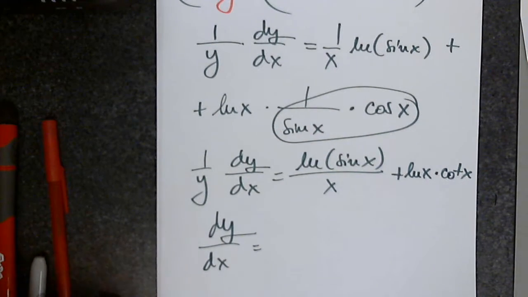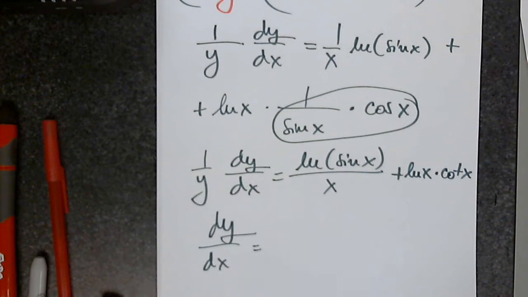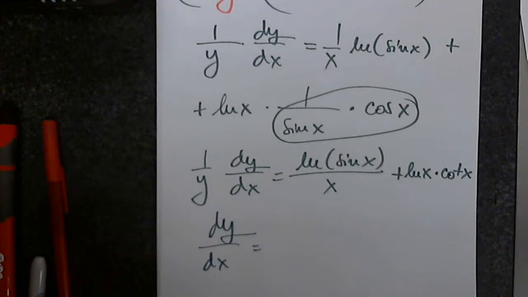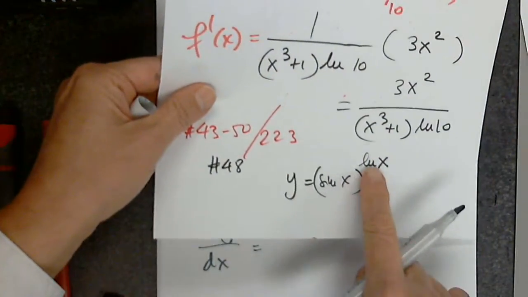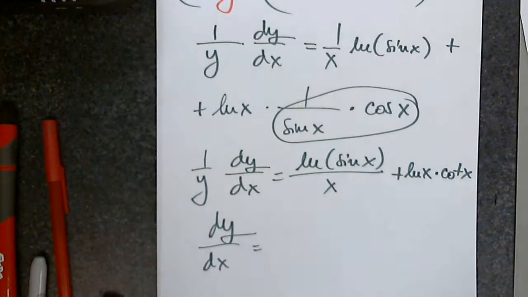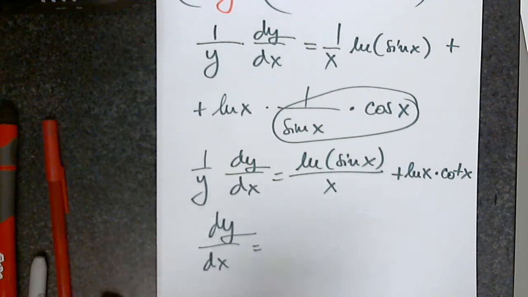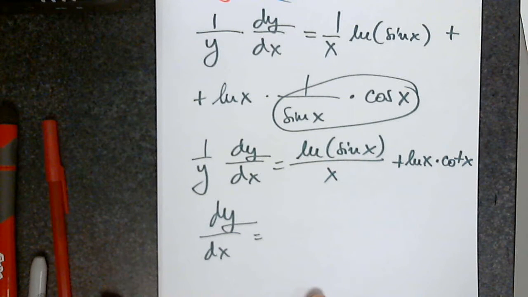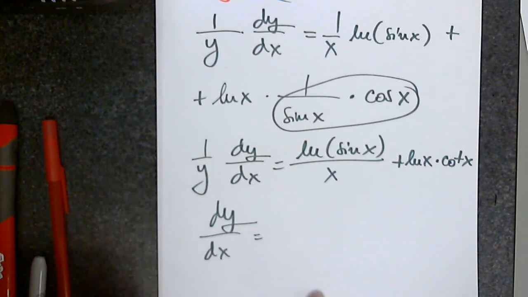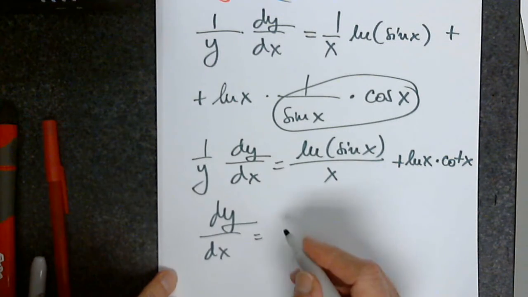What should I do to both sides to get the derivative of this function, which is sine x raised to natural log x, by itself? What should I do to both sides? Yes, multiply both sides by y.